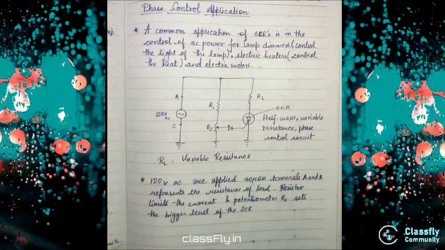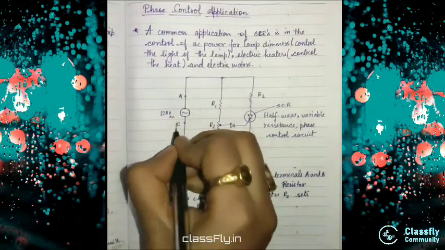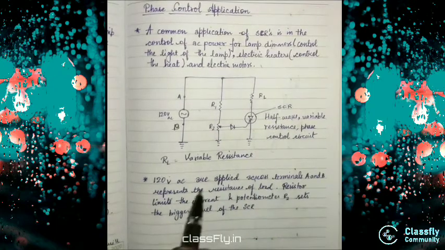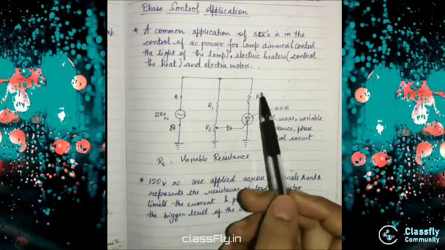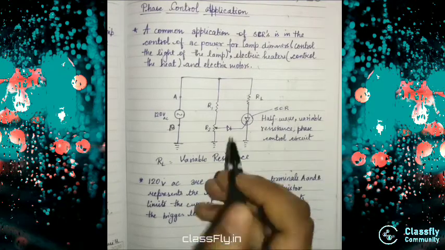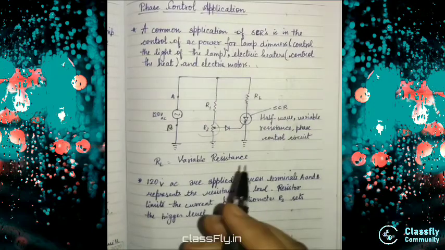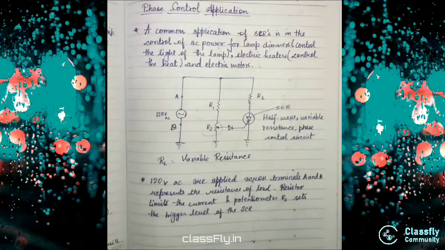So 120 V AC is supplied across the terminals A and B, and this will represent the resistance of the load, whereas the resistor limits the current. The resistor R2 will limit the current. This potentiometer will trigger the level of the SCR, because the SCR needs some firing, right?